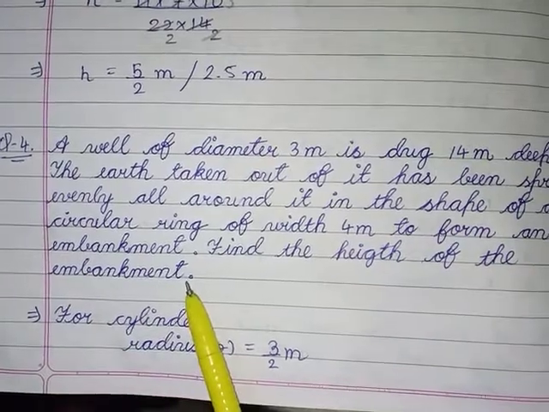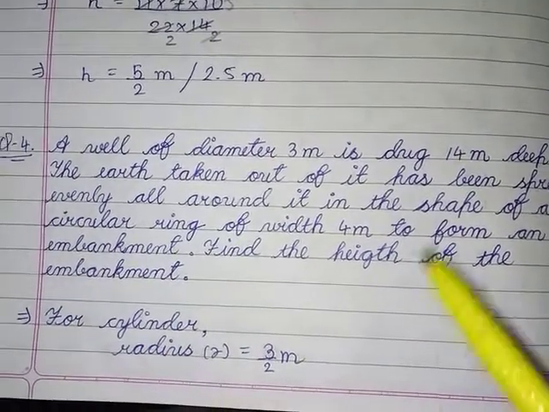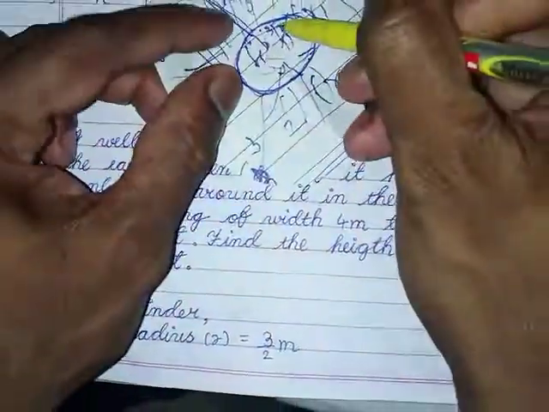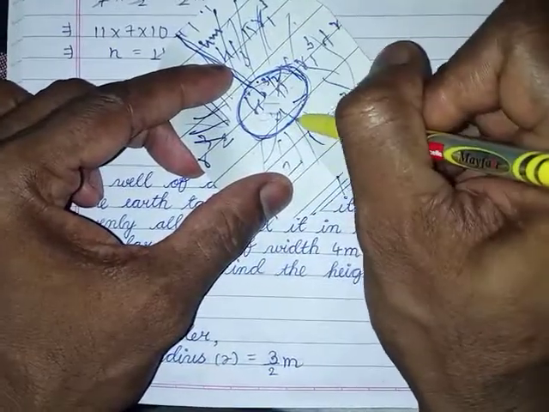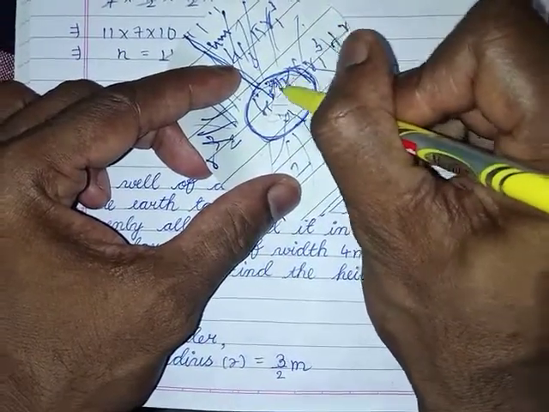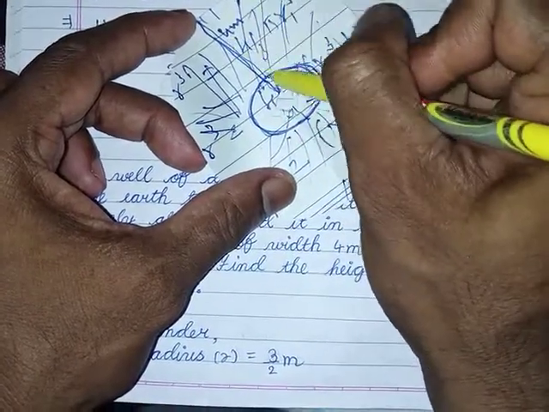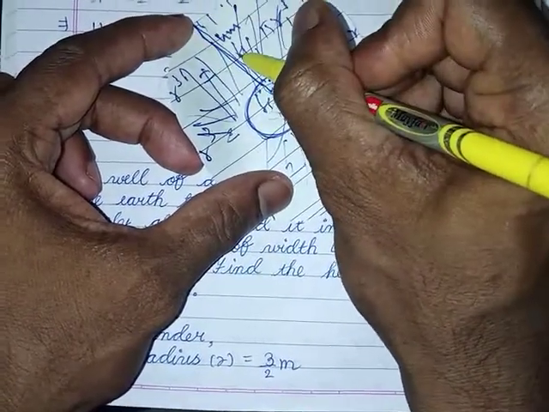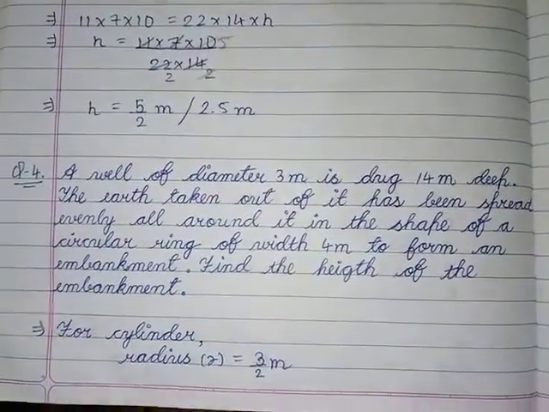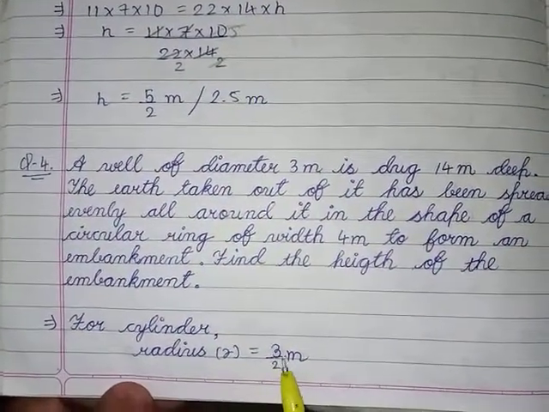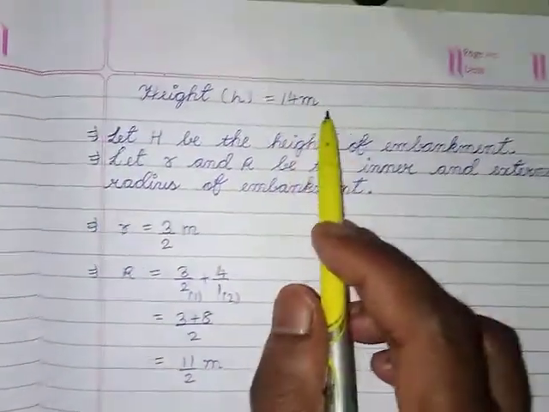Is it clear? Okay, so the diameter is 3, so the radius is 3 by 2, and this is 4 meter. So what is the big radius? 3 by 2 plus 4. Understand? So for the cylinder, the radius r is 3 by 2, and the height is 14 meter.